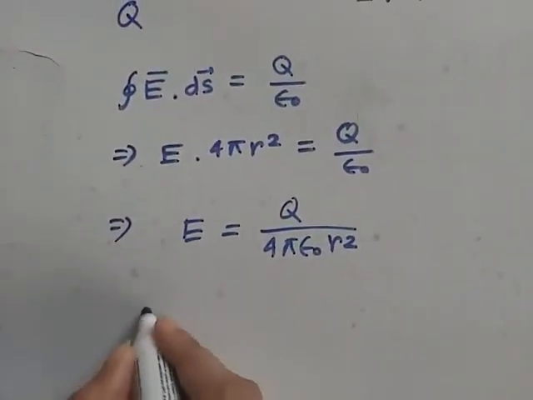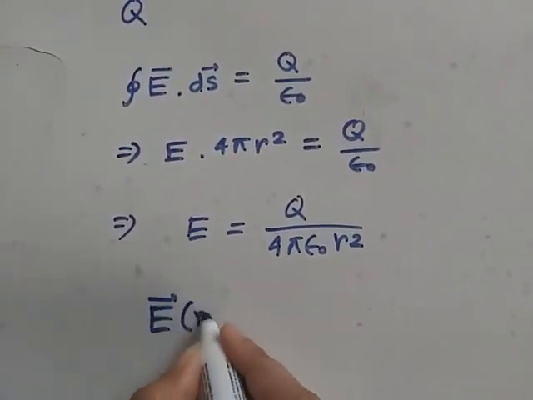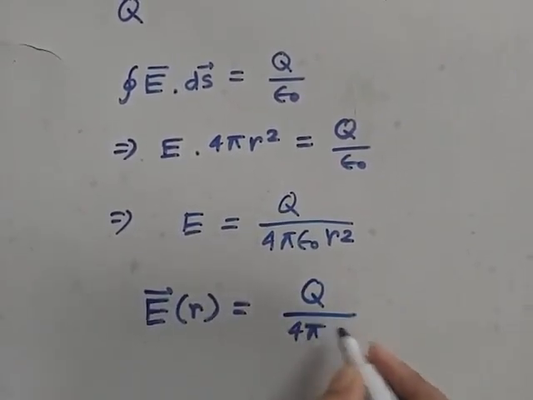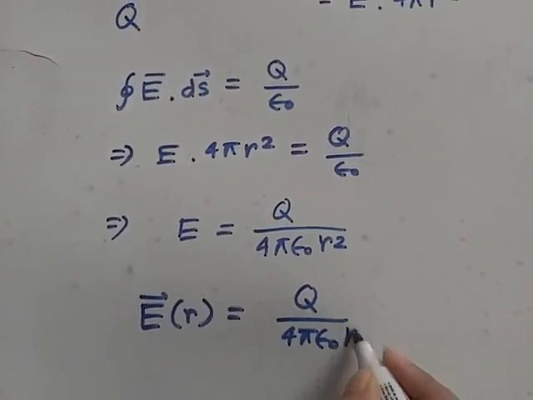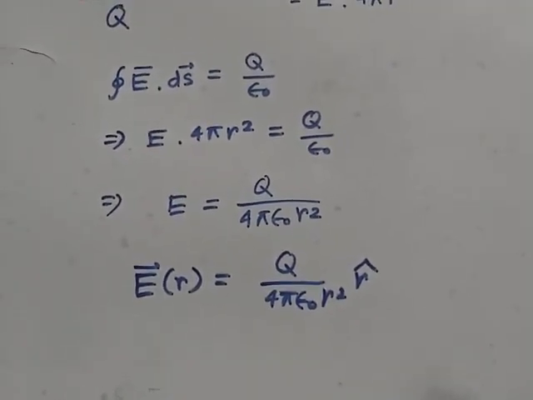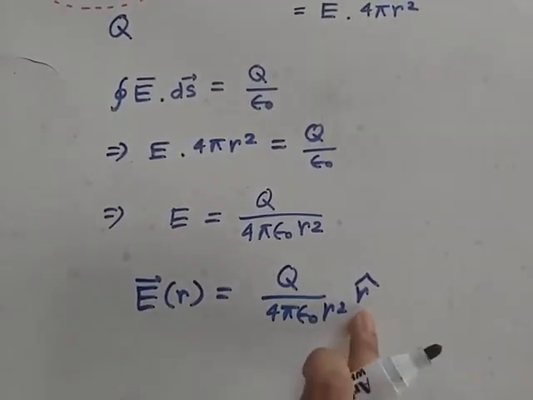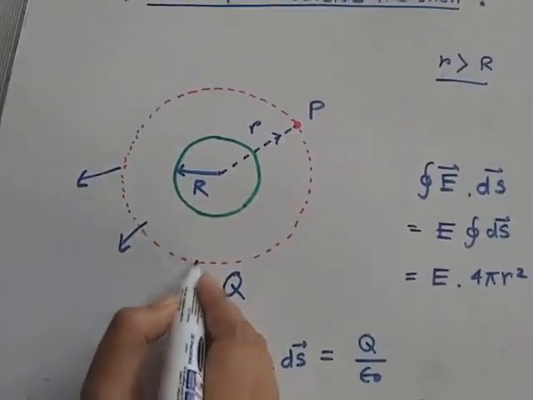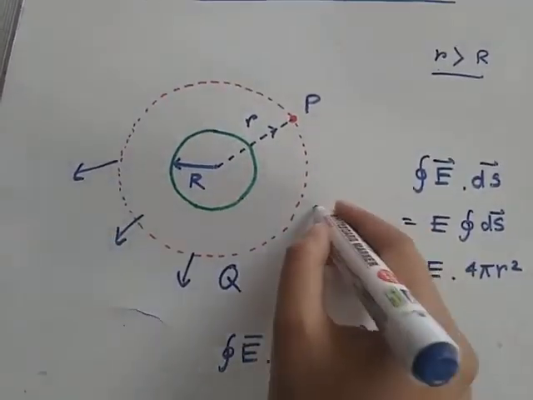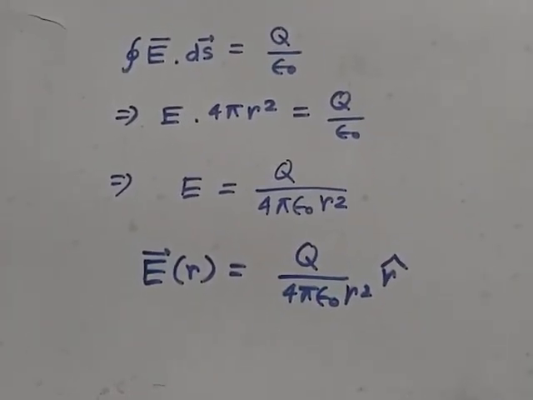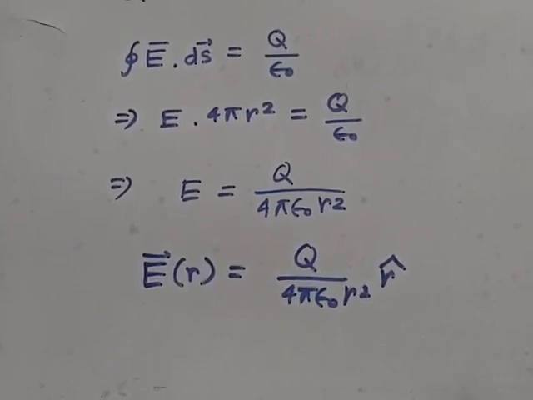If we write it in the vector format, it has the expression of Q divided by 4 pi epsilon naught r square into r cap, where r cap is a unit vector directed radially outward. So this is the r cap, the unit vector directed radially outward. So this is the final expression for the electric field intensity at any point outside a spherical shell.